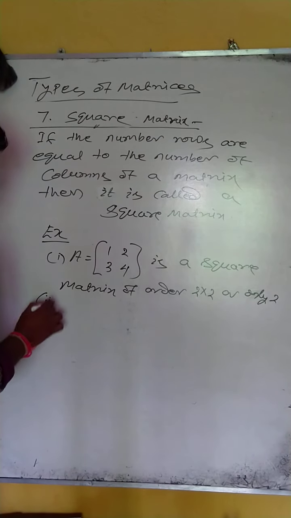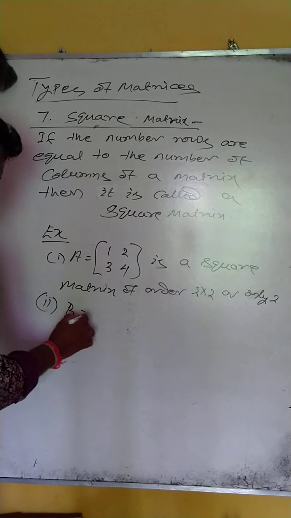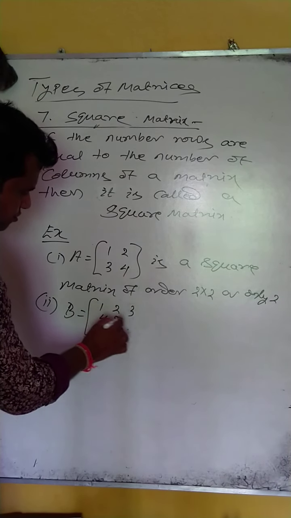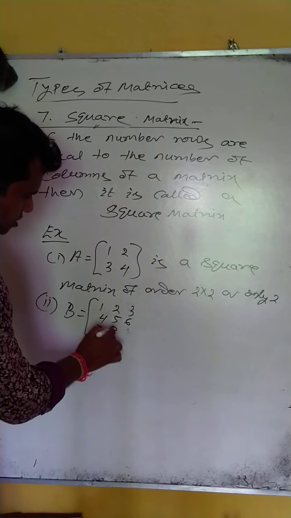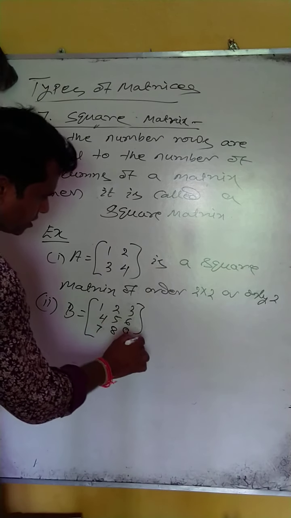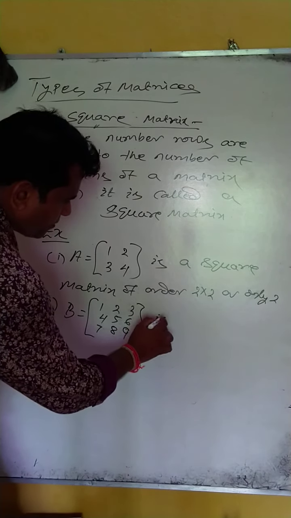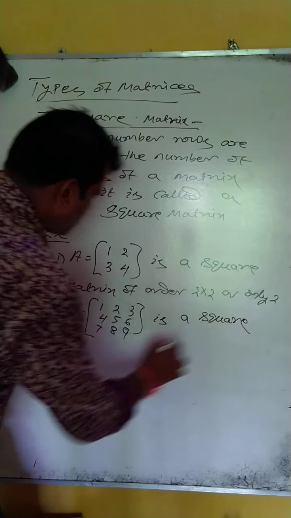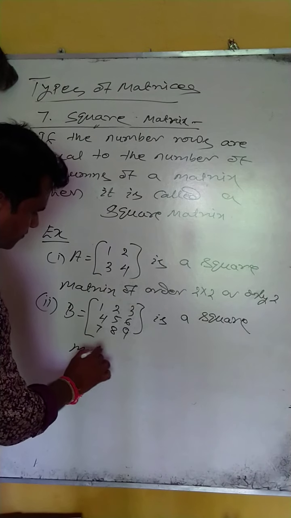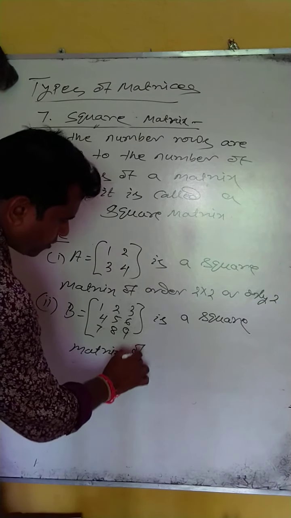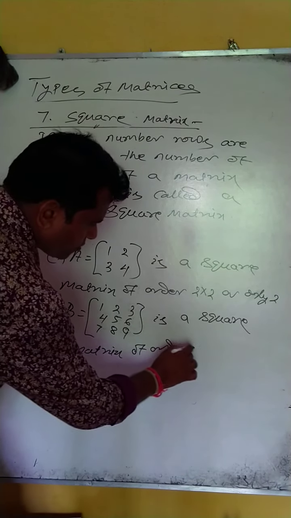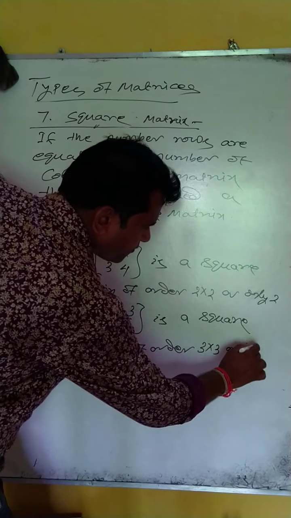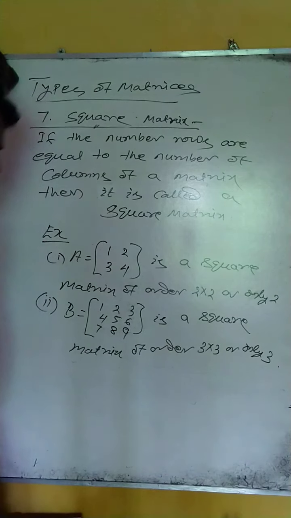If we write a square matrix of order 3, then we write 1 2 3 4 5 6 7 8 9, a square matrix of order 3 cross 3, or only 3.